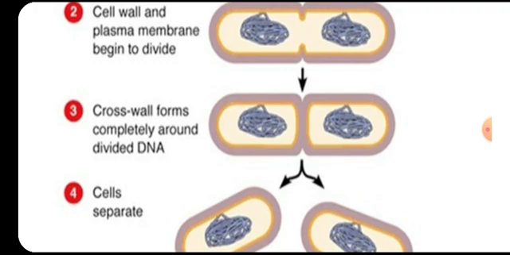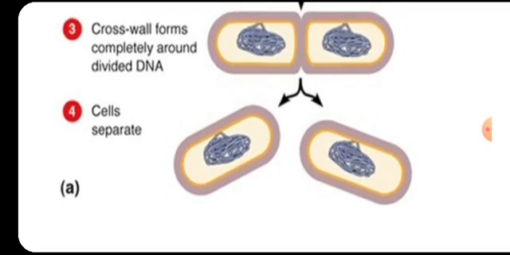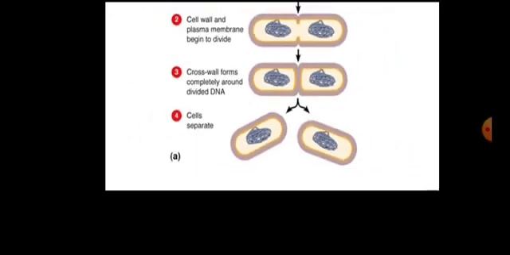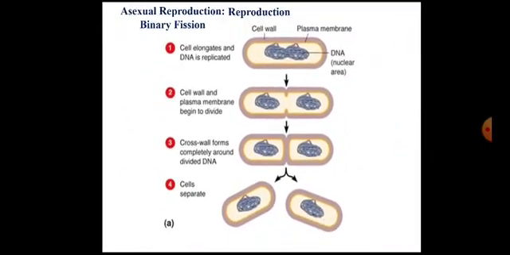Here we can see that there is complete division of cytoplasm and complete division of nuclear material, and finally these two cells separate. This is the mechanism of binary fission. Bi means two.